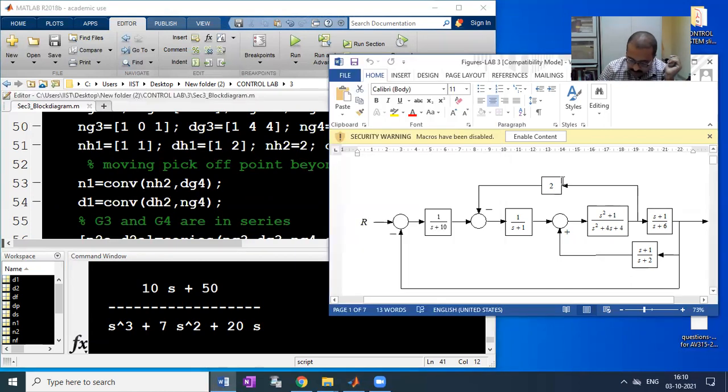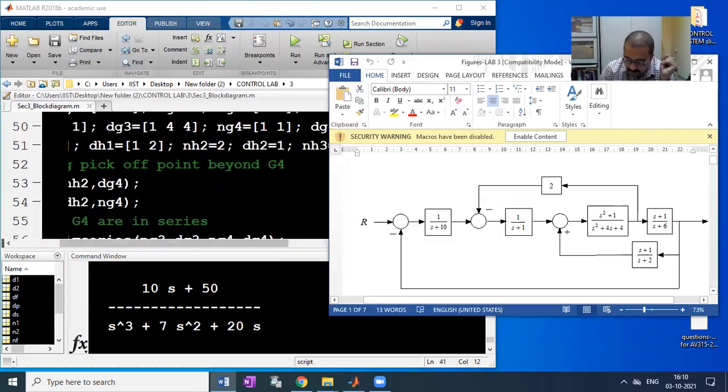Then I call this as the H2. What's the numerator here? It is 2. What about the denominator? It is 1. So NH2 will be 2 and DH2 will be equal to 1. Now you see here, what's the gain of this path? What's the gain? 0?